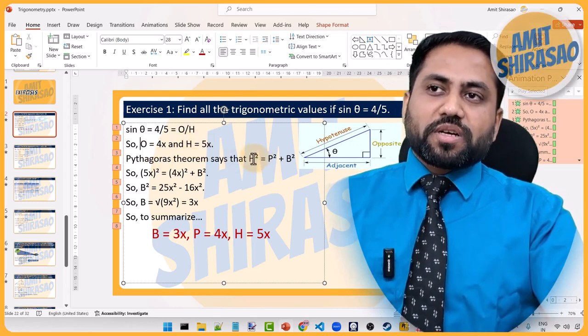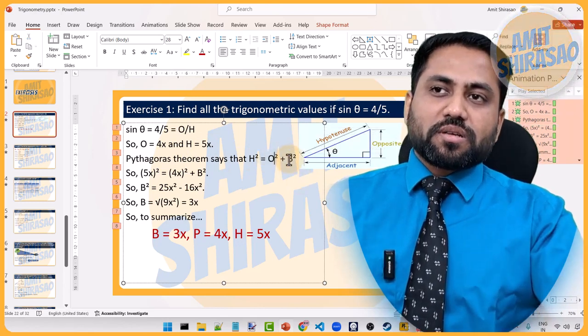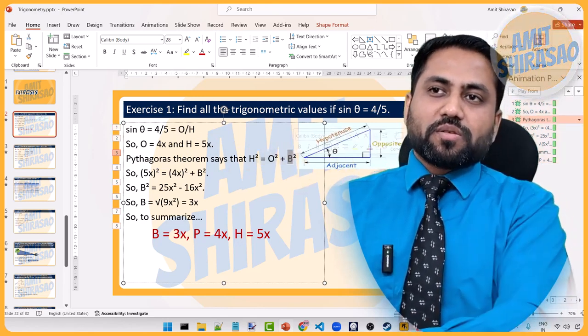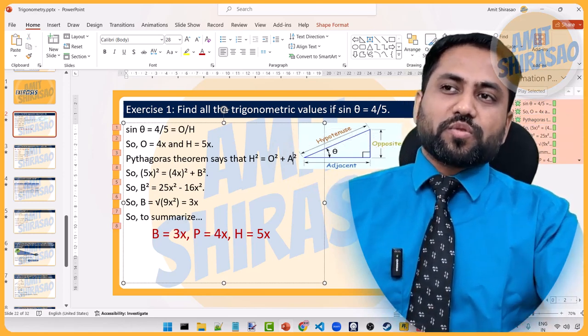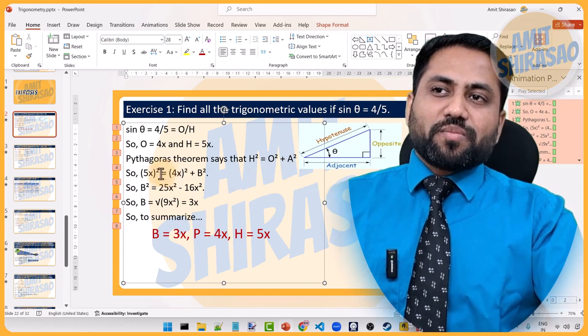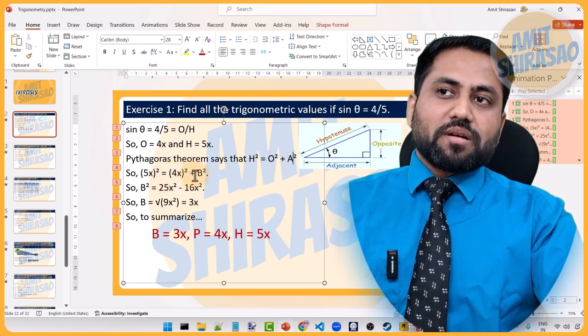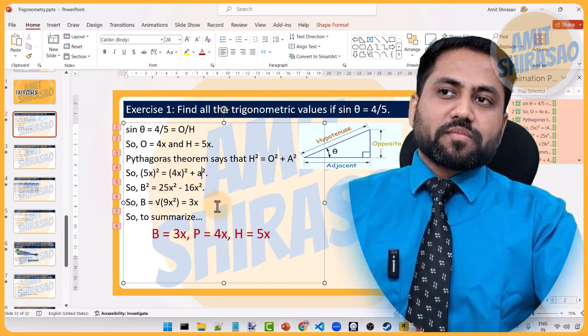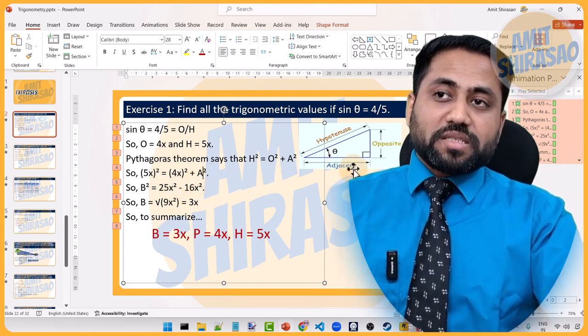So as per the Pythagoras theorem, hypotenuse square is equal to opposite square plus base square, this B means base, so adjacent square. Now just put the values here. So it will be 5x square is equal to 4x square plus a square, that is adjacent square.